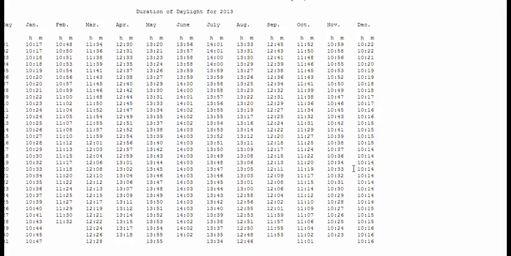Okay, so we have 14 hours and 3 minutes, and that's going to occur on June 21st. Then we also have, let's go back, our shortest day is December 21st.